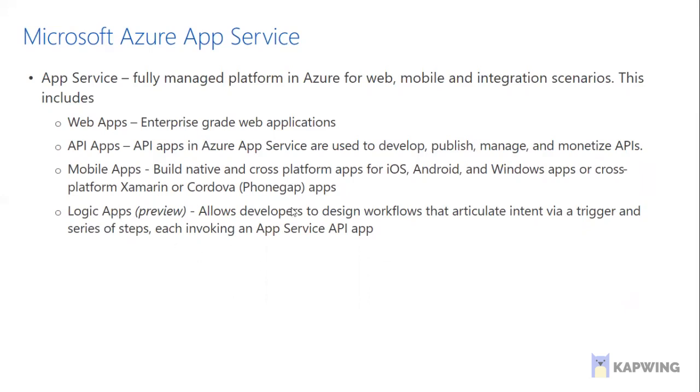Then logic apps allow developers to design workflows that articulate intent via a trigger and a series of steps, each involving an app service API app. So these are the app services provided in Microsoft Azure.